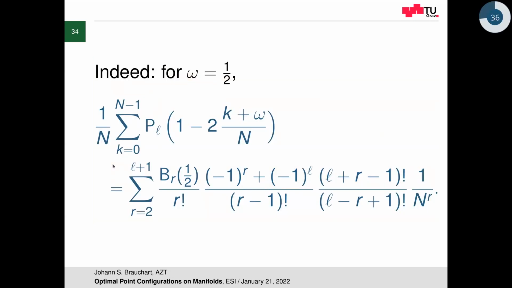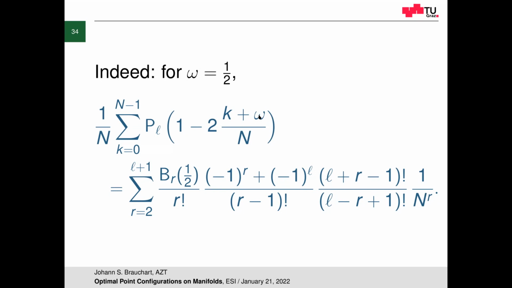And in particular, I computed that for the Legendre polynomials at (k + omega) divided by n, for arbitrary omega between 0 and 1, which means that I'm looking at a lattice which is slightly moved in the vertical direction.